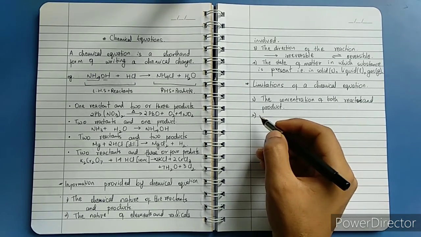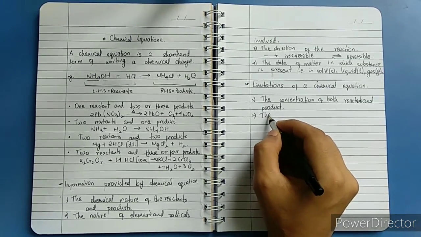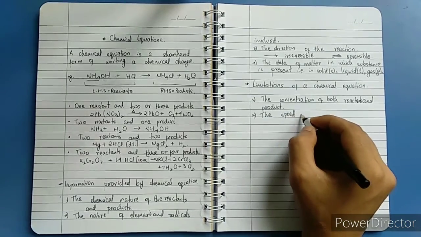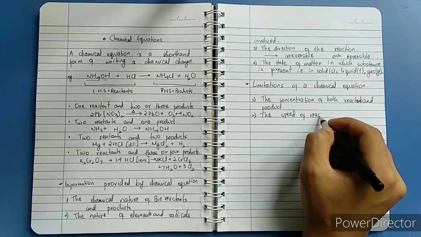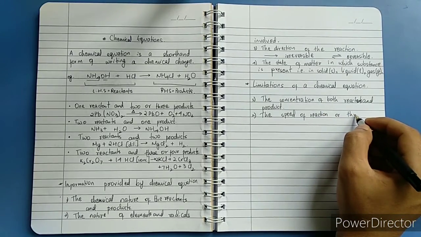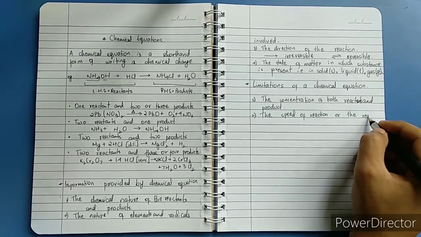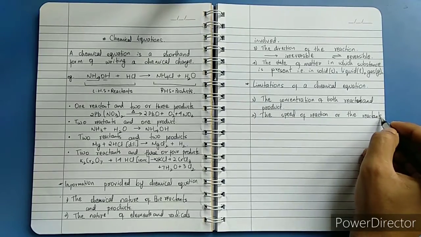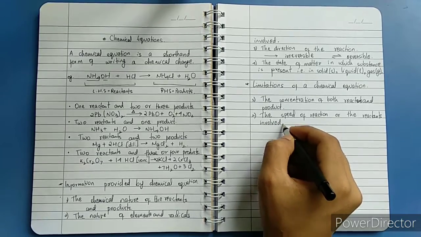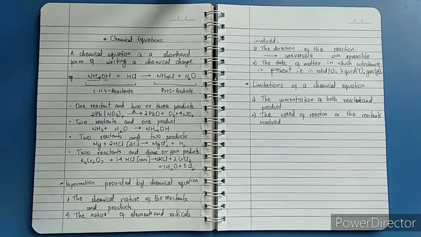The second limitation is that the speed of reaction is unknown. How fast or how slow the reaction proceeds is also unknown.